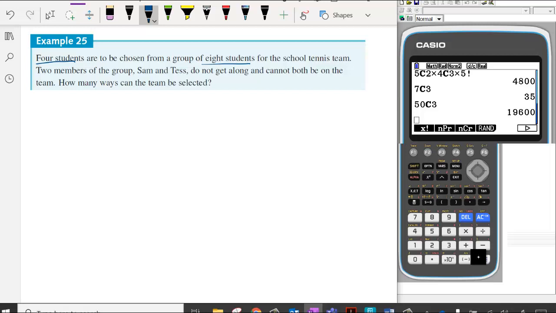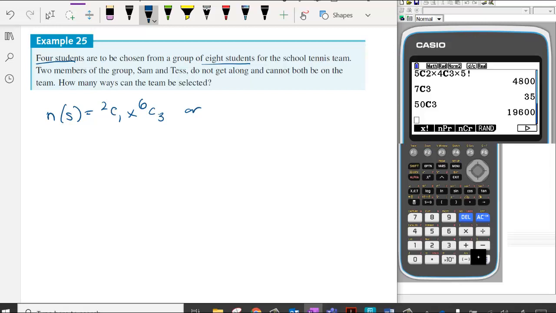So that means that we're selecting one of those 2, and then we're selecting the rest of the members from the remaining. So the number of selections will be, we've got 2 and we're selecting 1, and that means we've got 6 remaining to select 3. Now I did forget something. There's an or here, right? Because we could have one of the 2 in the team, or we could have neither of them.